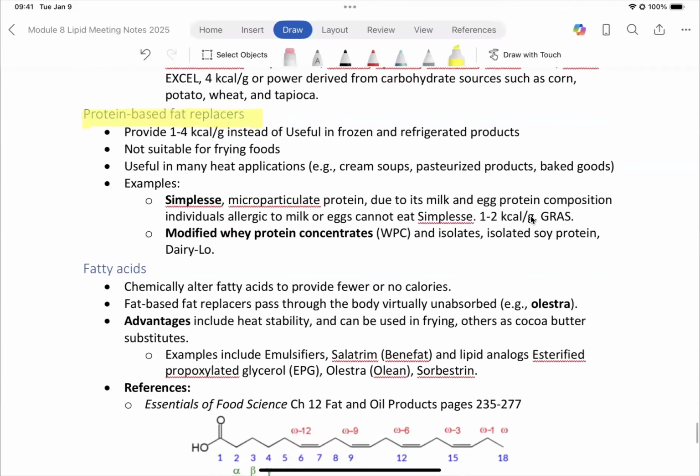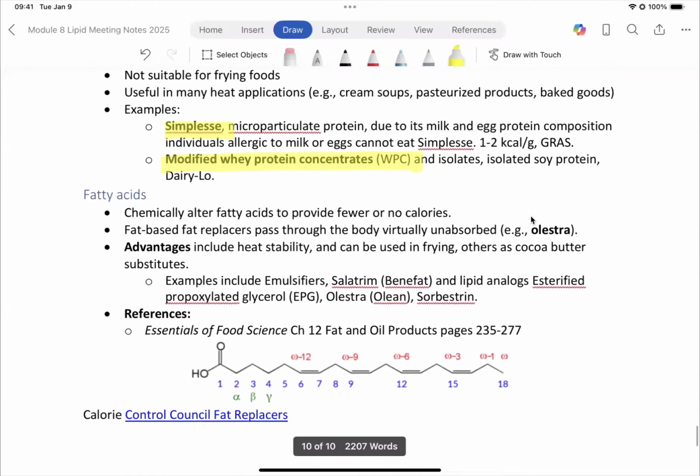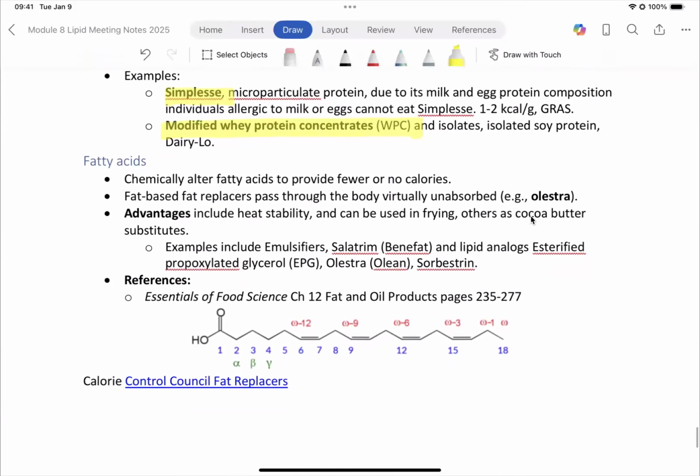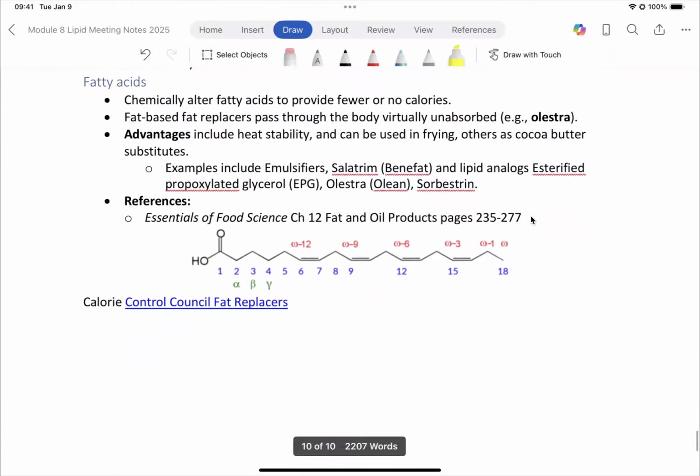Simplesse, modified whey protein concentrates can also be fat replacers. You can also chemically alter the fatty acids, and that will work as a fat replacer.